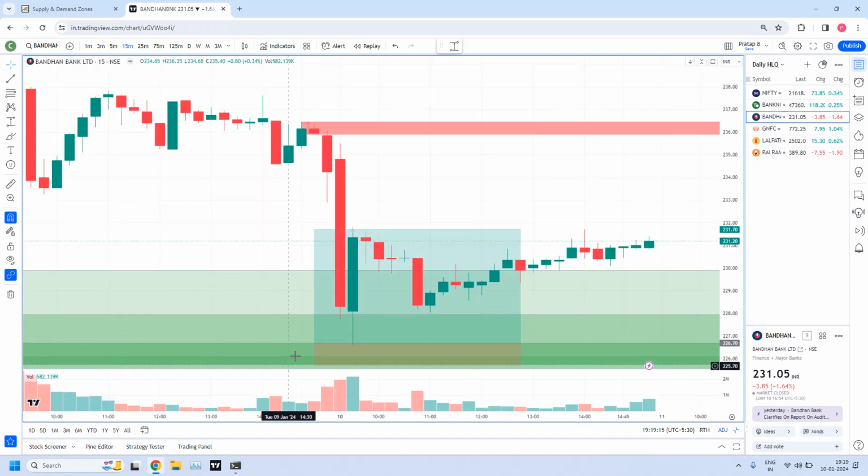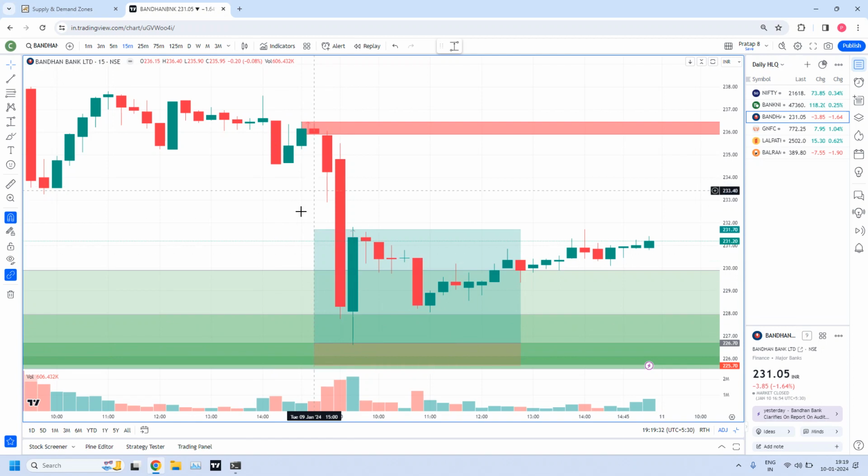This entire thing is 15 minutes zone, not 5 minutes. This entire thing, whatever you are seeing with this orange color, that area is a 15 minutes area or entry area.